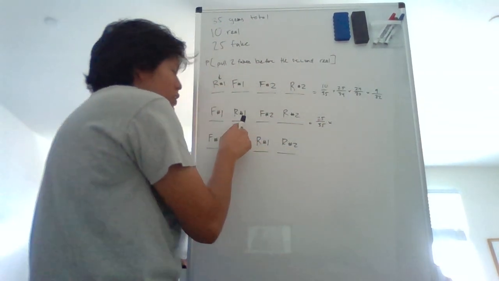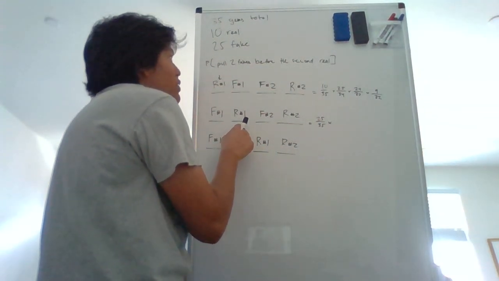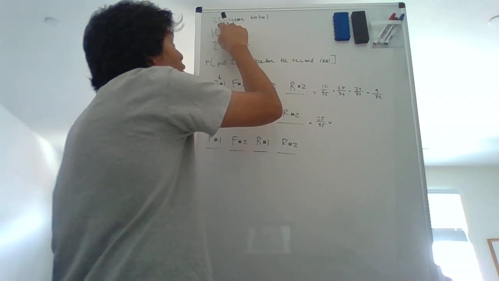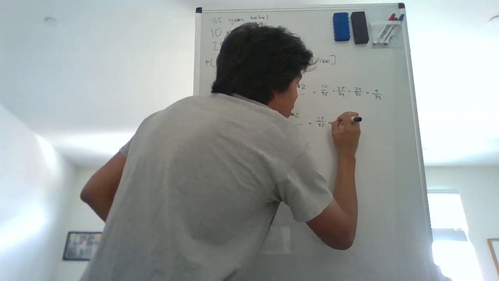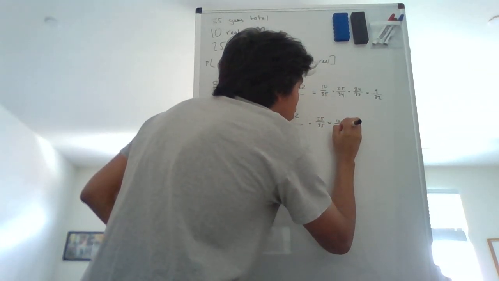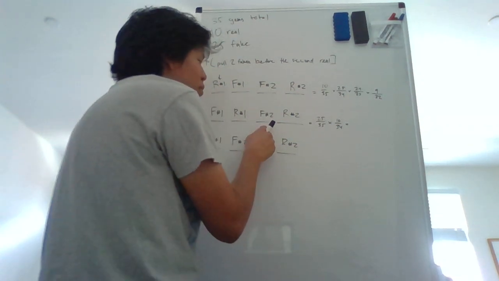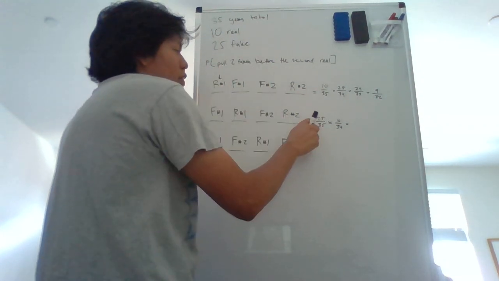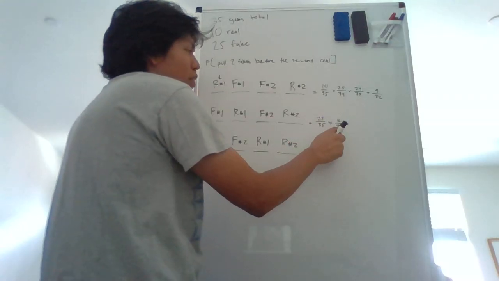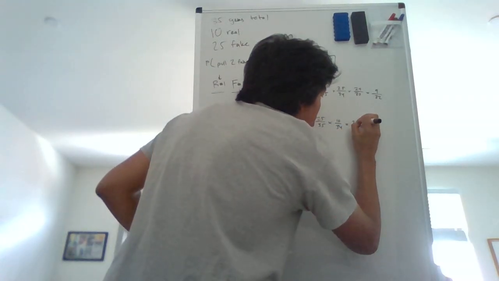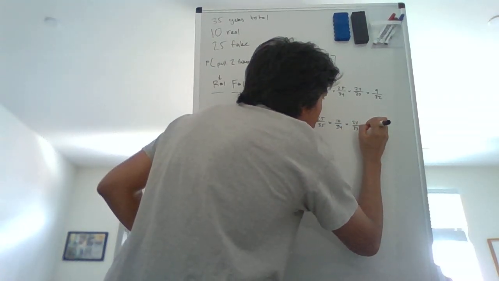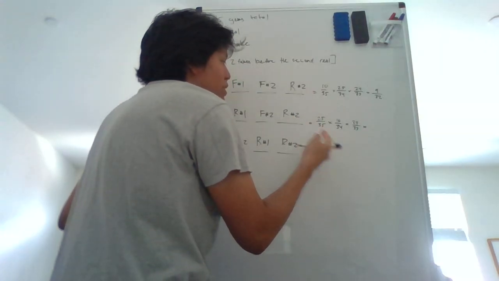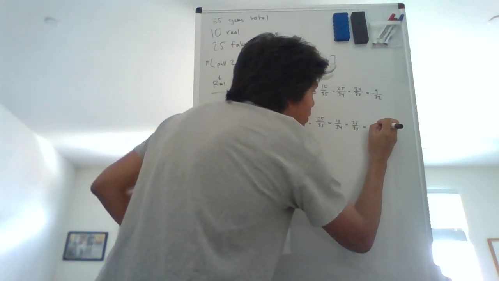Times, what's the probability of us pulling out a real? 10 over 34 now, right? Our total goes down by 1. What's the probability of us pulling out another fake? We've already pulled 1 out, so that's 24 over 33. And then finally a second real, 9 over 32.